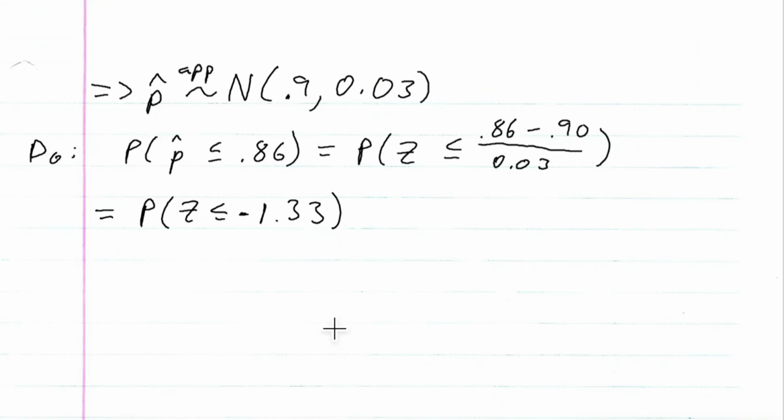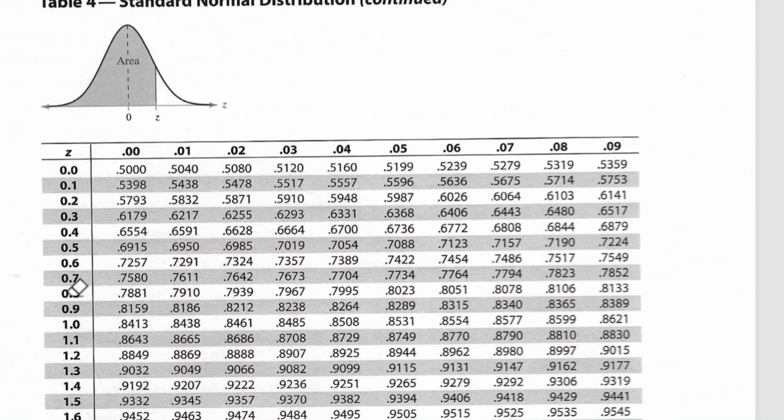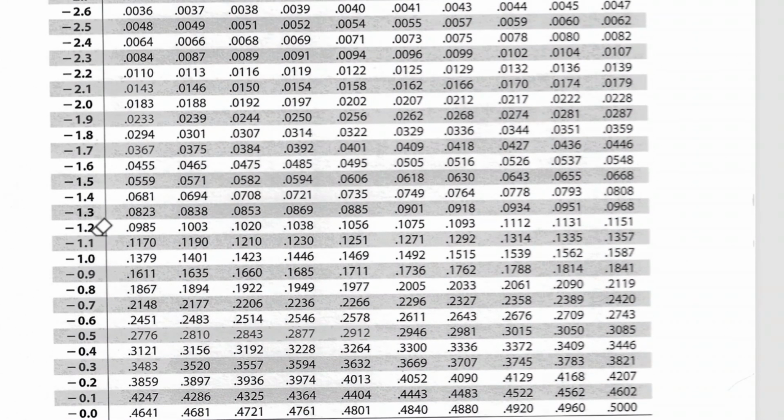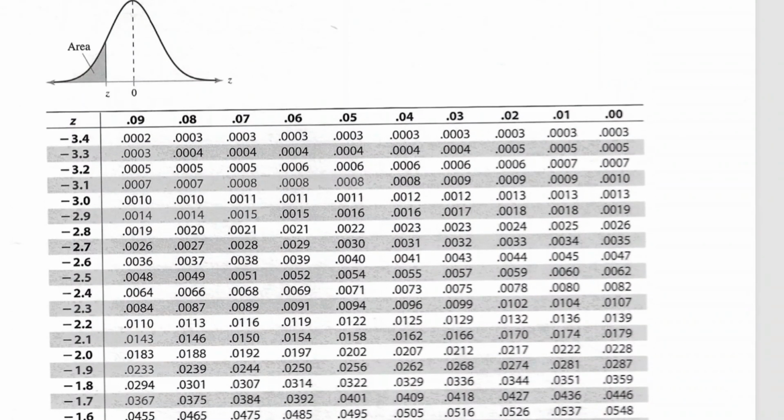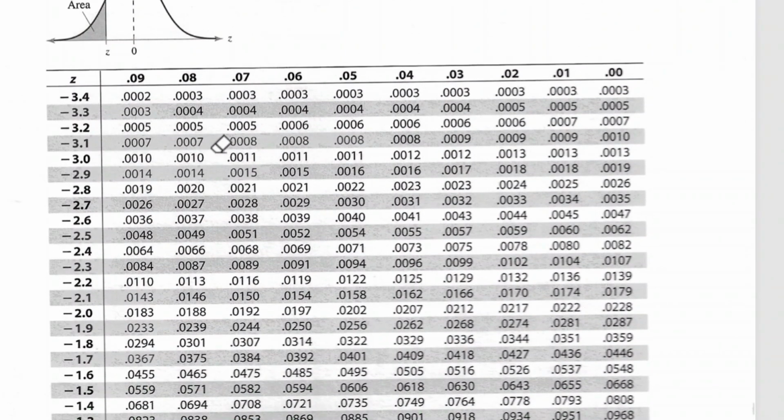Now we have a negative, and last time we had a positive, so instead of the positive table, we're going to use the negative table. Since we already have that z is less than, we can use the table right away.